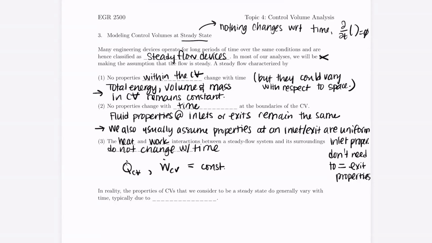And keep in mind, all of these statements that I'm making only apply if we are talking about a steady state system, okay? So as soon as you can make the argument that nothing is changing with respect to time, then you can go ahead and make all of these assumptions, okay?